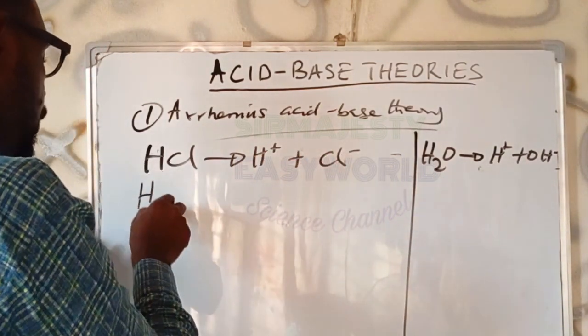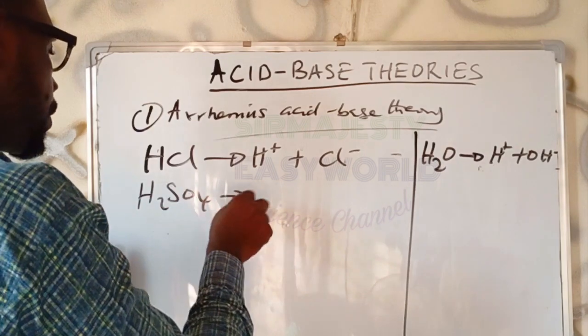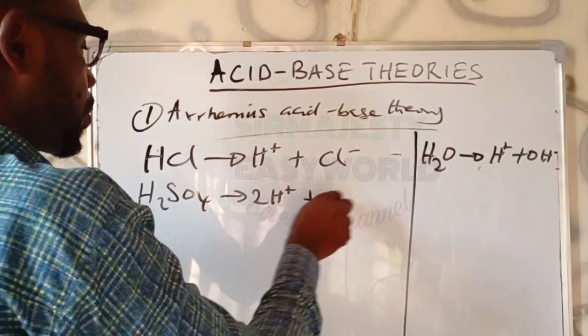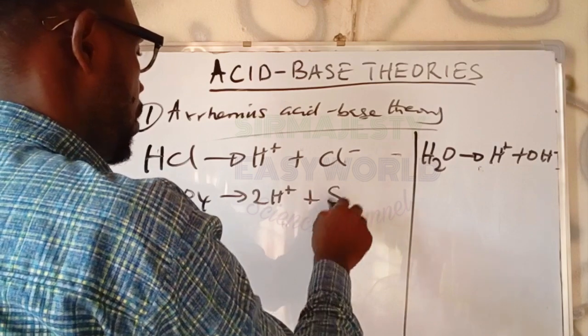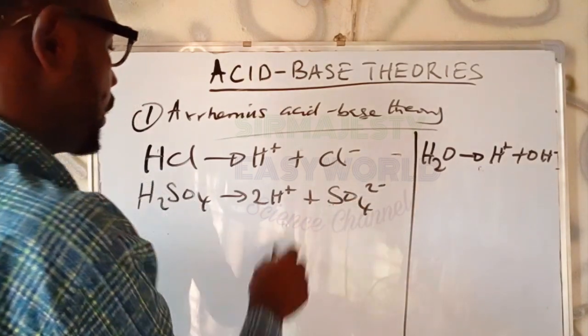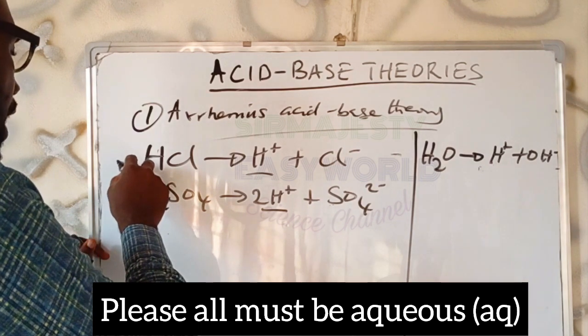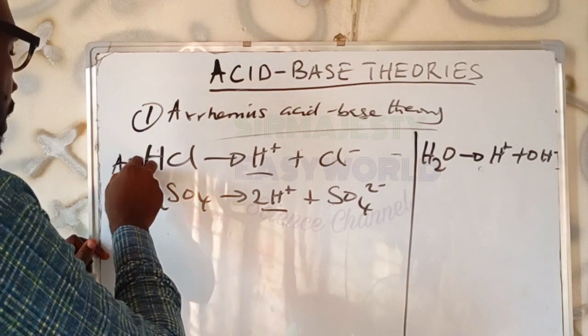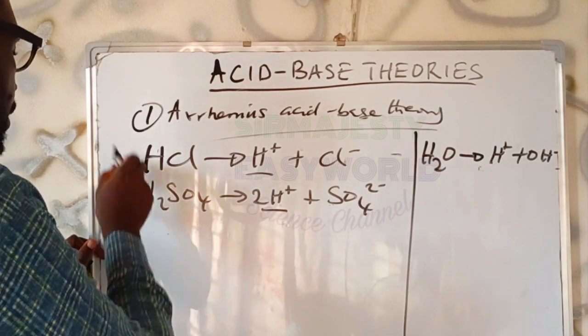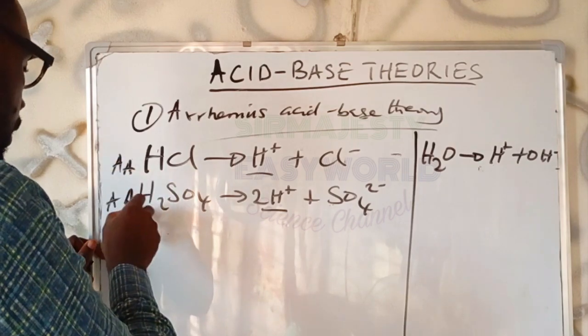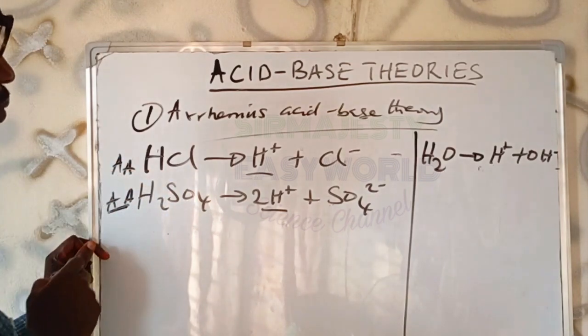If you say H2SO4, it will give you 2H plus and the tetraoxosulfate(VI) ion. These are the only positive ions, and this makes this an Arrhenius acid, that's the AA I'm using here.